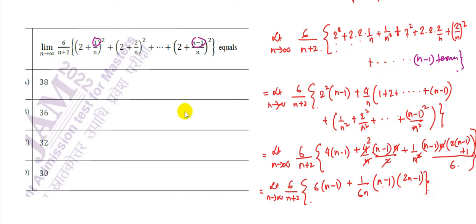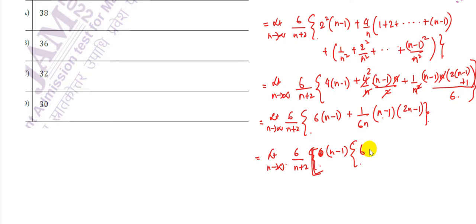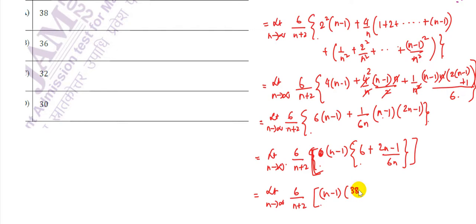So this is your expression, and then you simplify this further, so you get limit of n tending to infinity 6 by n plus 2 into 6, you can take n minus 1 common, into 6 plus 2n minus 1 by 6n, which is limit n tending to infinity 6 by n plus 2 into n minus 1 into 36n plus 2n, that is 38n minus 1 by 6n.